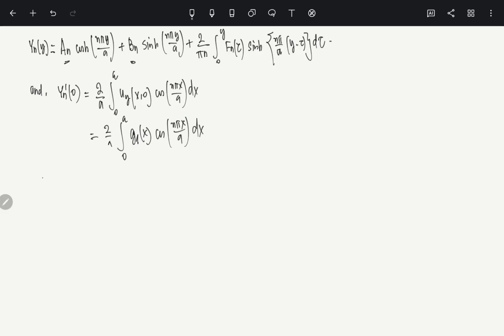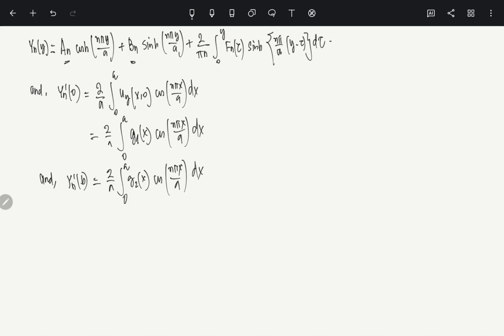And y_n prime of b is again from the boundary conditions, 2 by a integral from 0 to a of g2(x) cos(n pi x by a) dx.